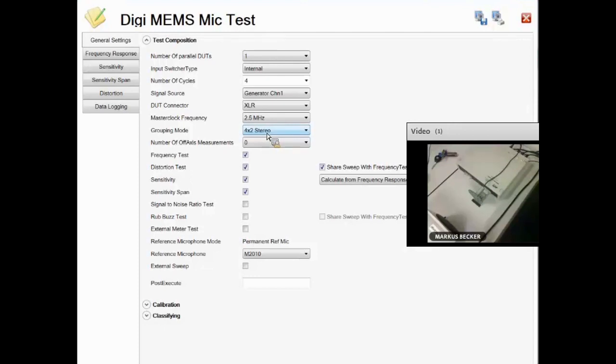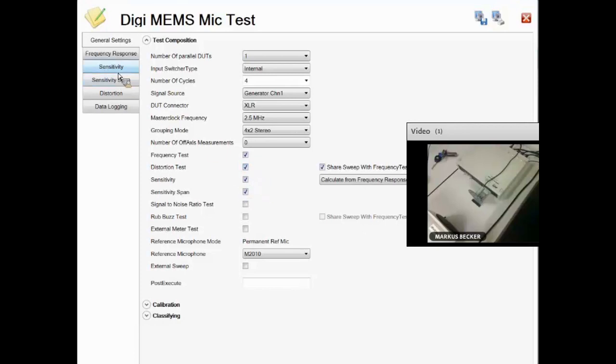Here you can see the measurement functions that we have activated: the frequency response, distortion, sensitivity and sensitivity span. Please notice that we are sharing the test signal from the frequency response test with the distortion test. So these 2 measurements will be executed in parallel, together with the others, by the way.